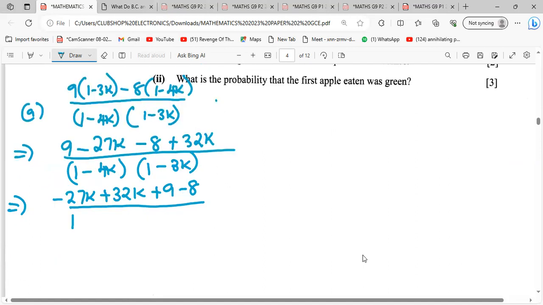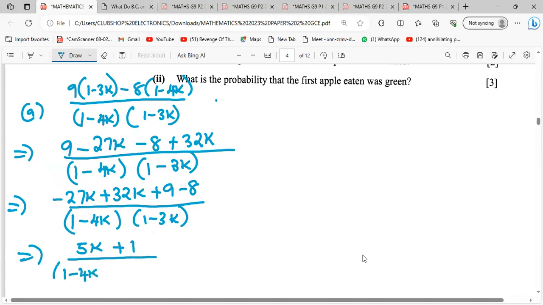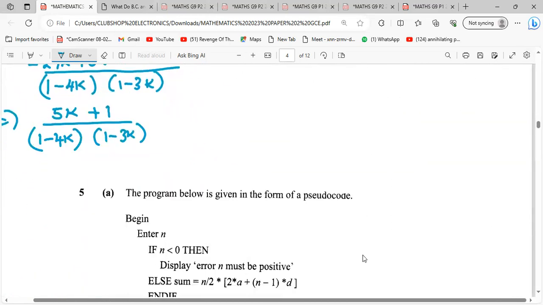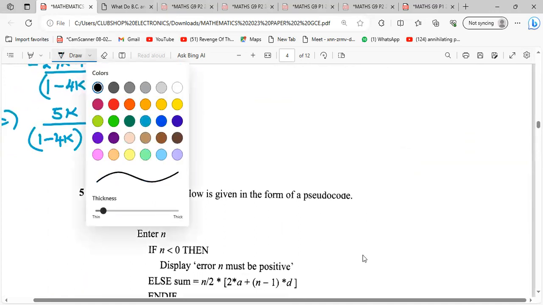So what do we have? 1 minus 4k down, 1 minus 3k again, in brackets. Negative 27k plus 32k gives 5k, plus 1, since 9 minus 8 is 1. So 1 minus 4k, 1 minus 3k, and you get your 3 marks. So that's your answer.